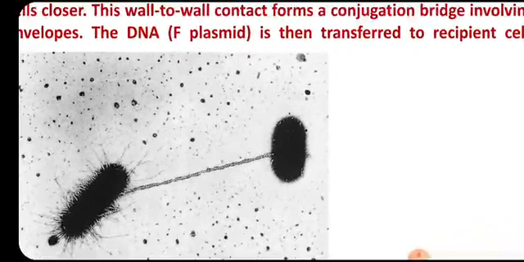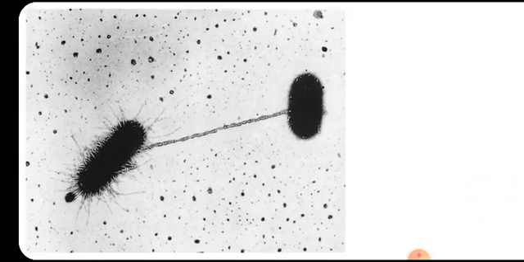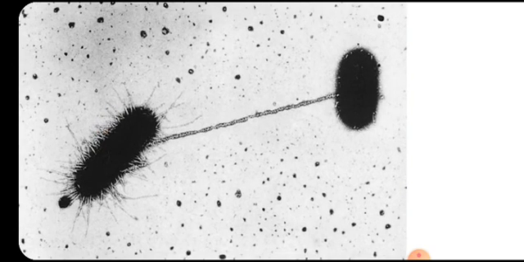This is the electron micrograph. Here we can see this is the donor cell which contains these small appendages. You can see very small appendages. These are fimbriae, and you can see this long one, this long one, this is called pilus.